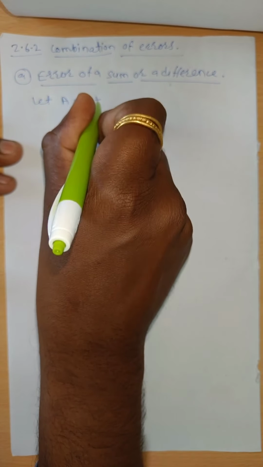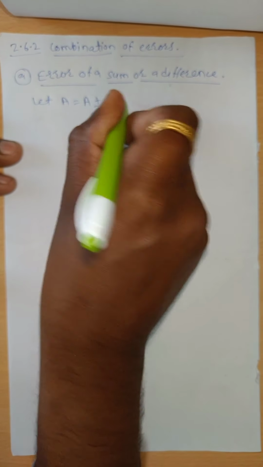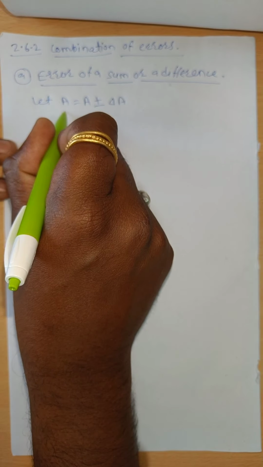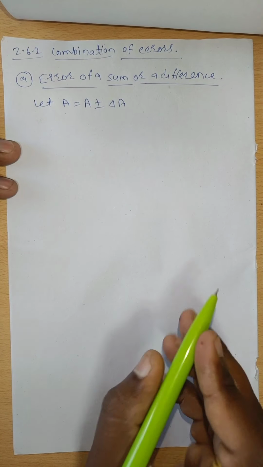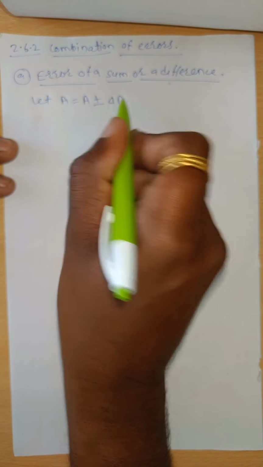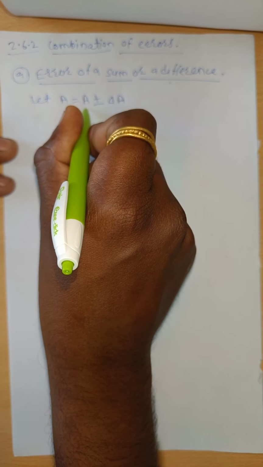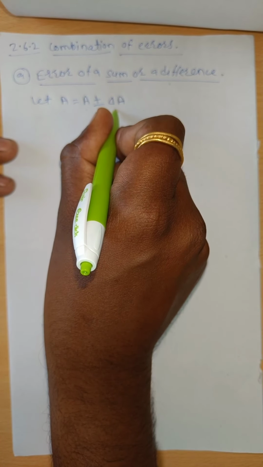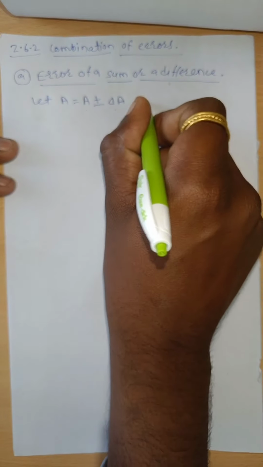Let A be measured as A plus or minus delta A, where A is the true value and delta A is the error.